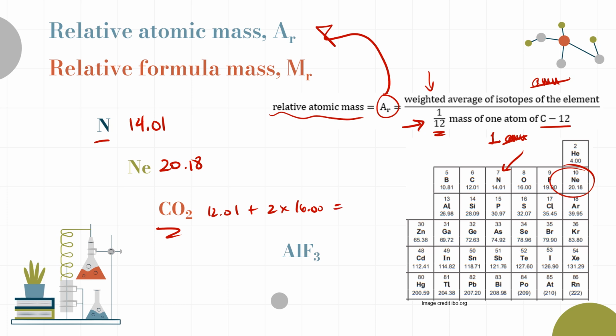And we add that up, and it looks like we get 44.01, no units. AlF3, aluminum fluoride, we're going to go 26.98 plus 3 of those fluorines, 19.00, is going to give us a grand total of 83.98. No units. No units on our relative atomic masses, our relative formula masses.